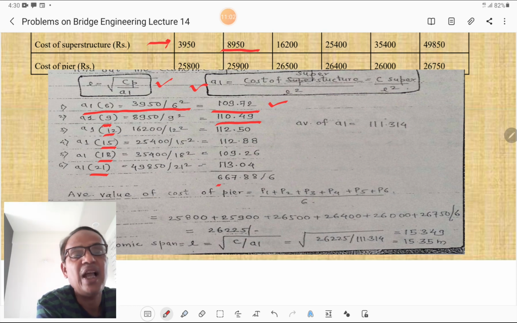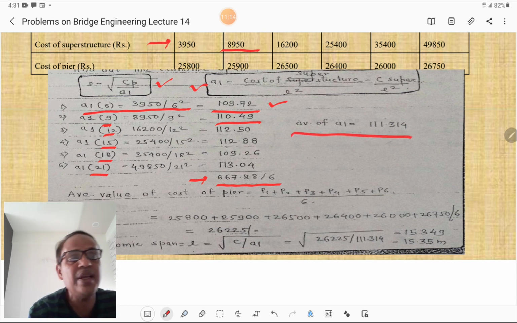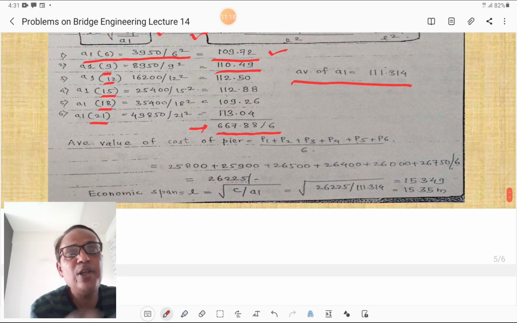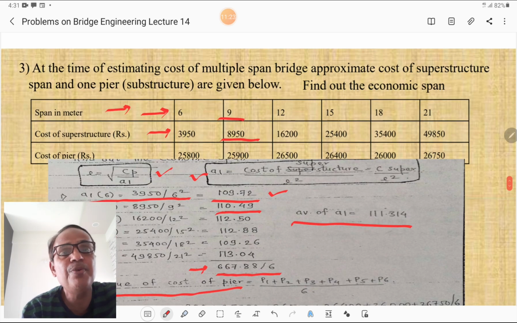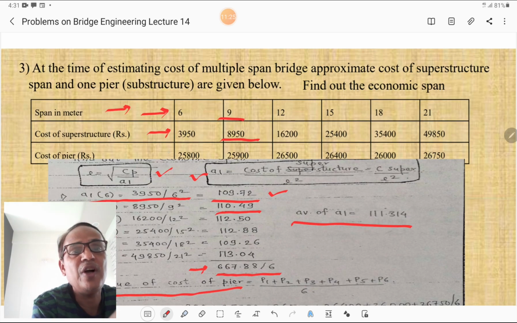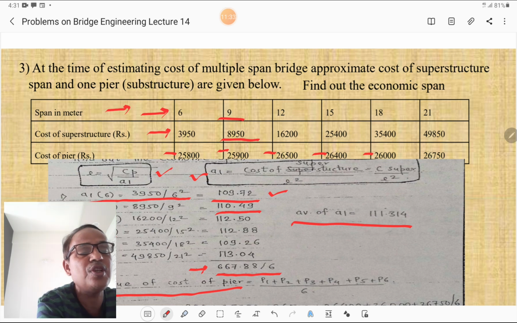Then the average of the value A1 is calculated. There are 6 spans. So adding these 6 values of A1 and dividing by 6, you get the average of A1 as 111.314. And the average value of cost of pier, the cost of pier for each span is given here. That is 25800, 25900, 26500, 26400, 26000 and 26750.